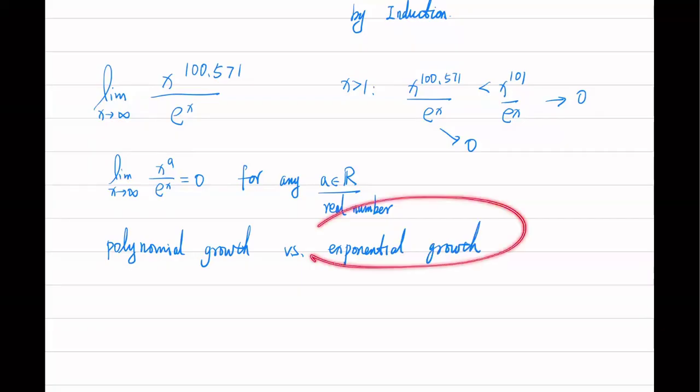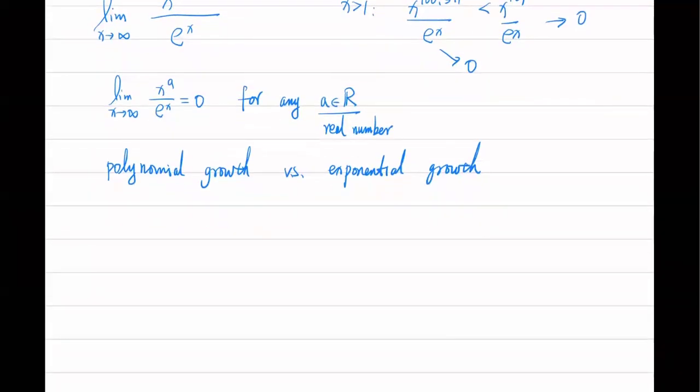If we see something grows exponentially, it grows much faster than polynomial growth.